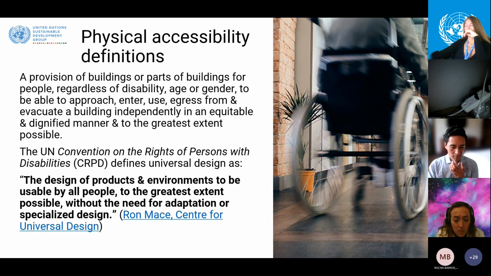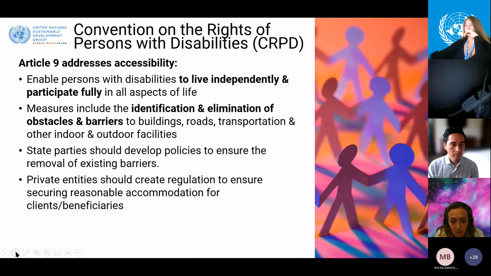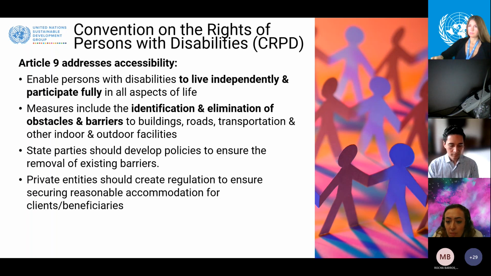And this slide shows the CRPD's definition of accessibility, as you can see. And we will share the presentation later on for persons who will need that. So the most important thing is to be able to eliminate and remove barriers and secure reasonable accommodations.